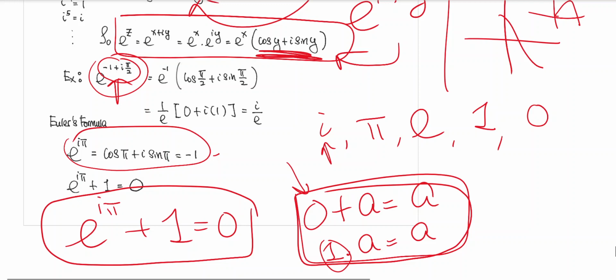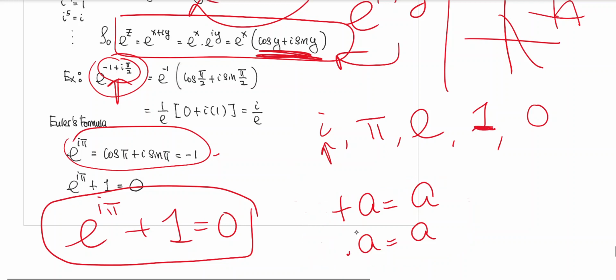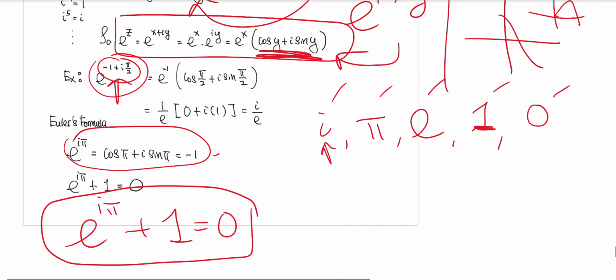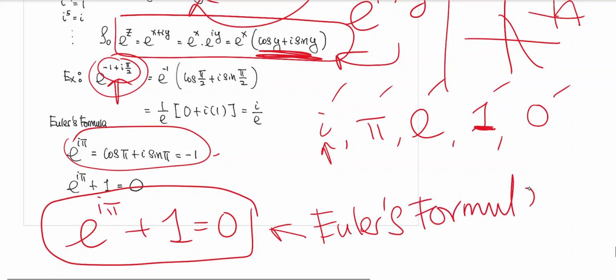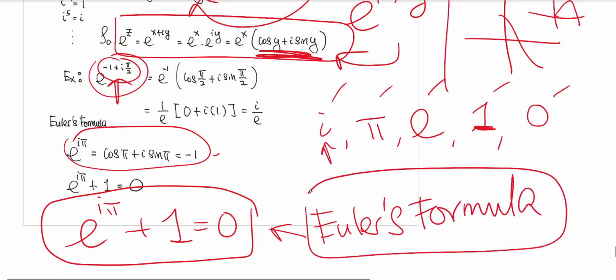So 1 and 0 are also very important in mathematics. And you have 5 very important numbers in mathematics: i, pi, e, 1, and 0, and they are all related by one formula. That's the beautiful part. That formula is Euler's formula. This is the one that makes a lot of people freak out.